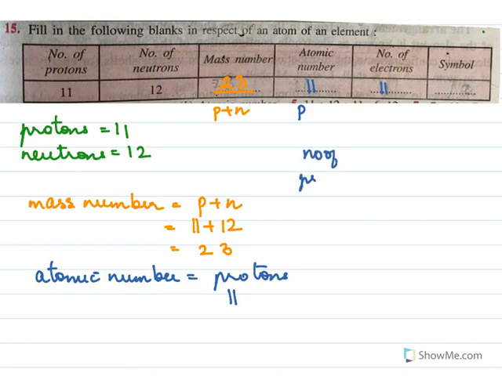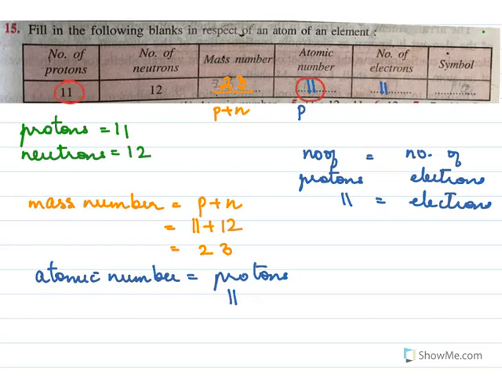Because number of protons equal to number of electrons. So electrons, 11. Number of protons is 11, means atomic number 11. Atomic number 11 is sodium. The sodium atom has got atomic number 11.